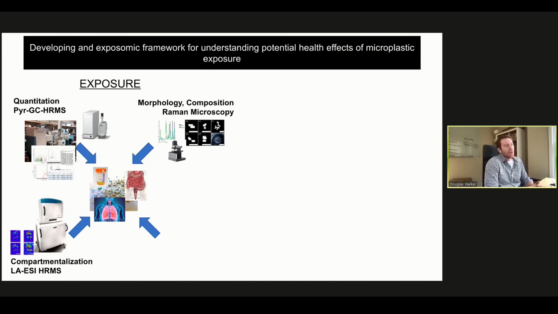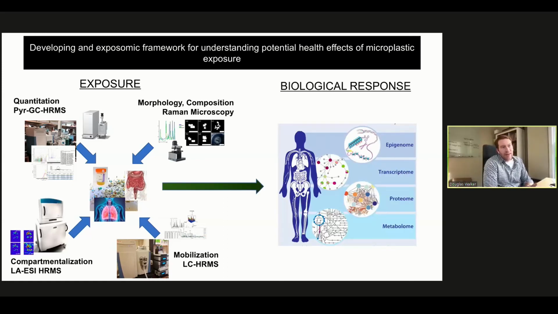So how do these particles preferentially accumulate in different areas of tissues? And also untargeted small molecule profiling for mobilization. So what are some compounds that are being leached or are attached to these particles? And finally, we're linking that to biological response measures to see potential health effects of these particles.